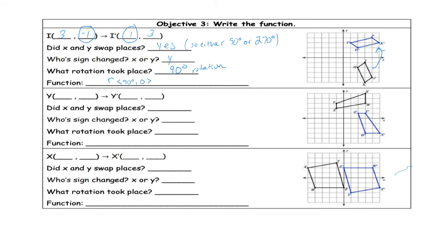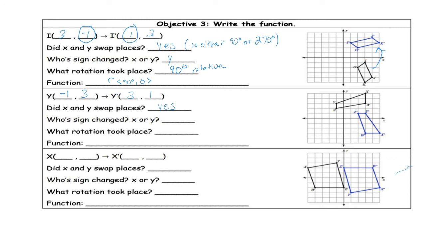Okay, so O. The next one, right, let's try Y. Y is at negative 1, 3. And Y prime is 3, 1. So did X and Y swap places? Yes, they did. All right.